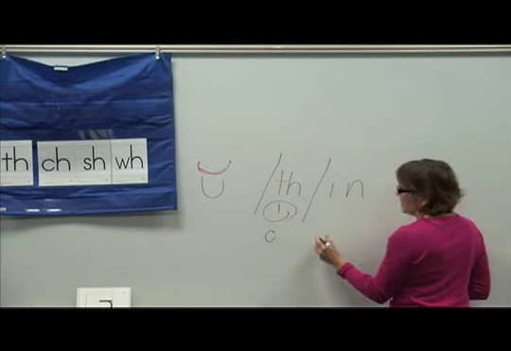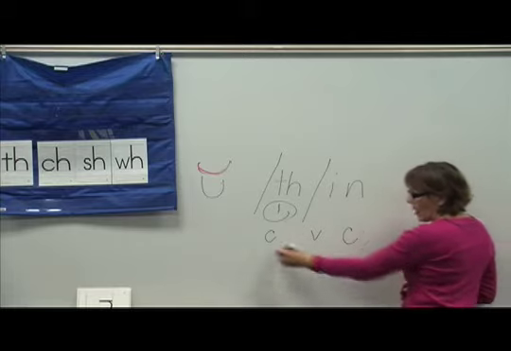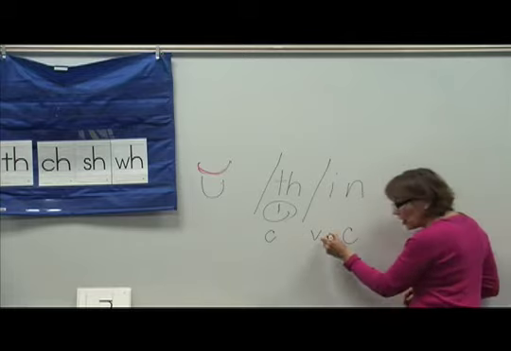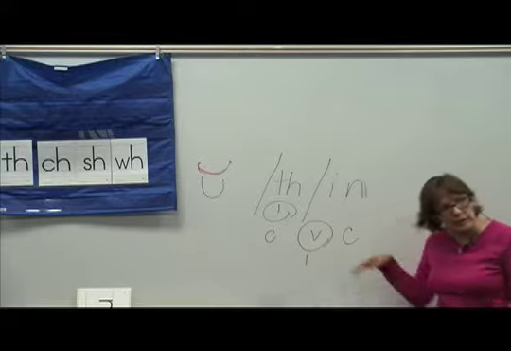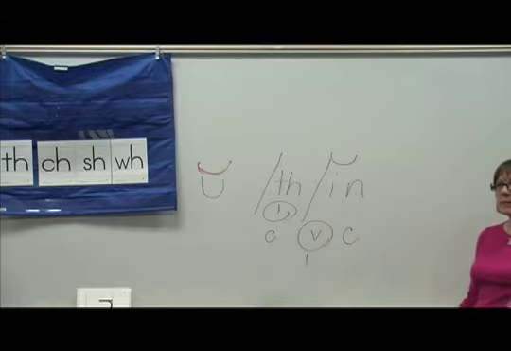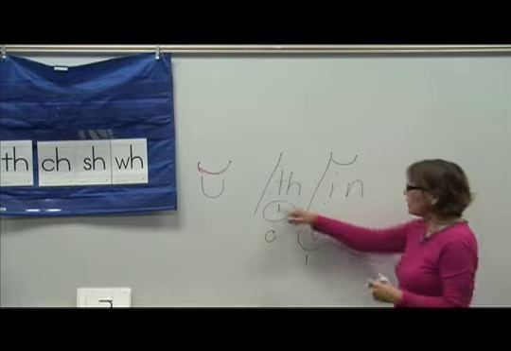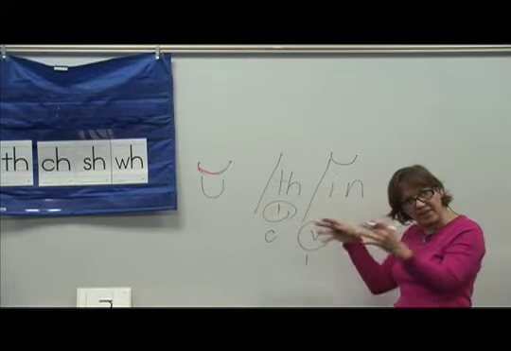That's considered a consonant. Here's my vowel, and here's the ending consonant. So we've got that pattern, and generally speaking, when there's 1 vowel inside a short little word like that, it's going to be short. It's going to make that I sound. So this word is thin. Then blend it together, thin.